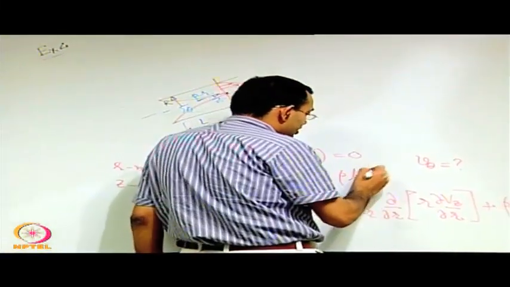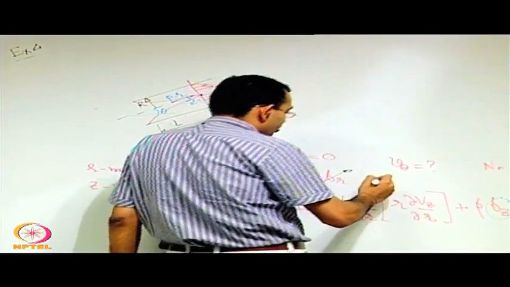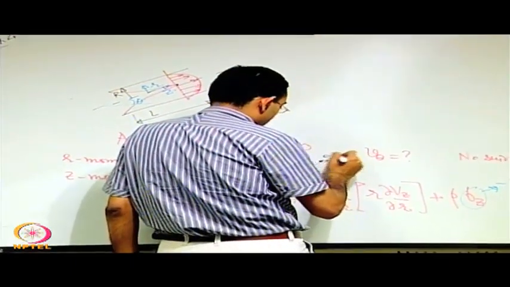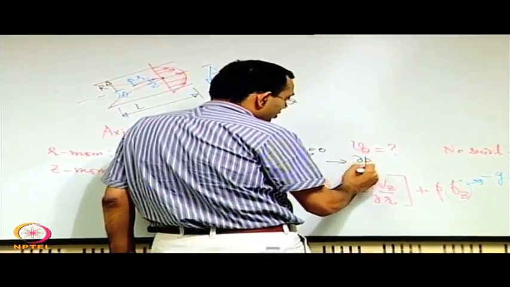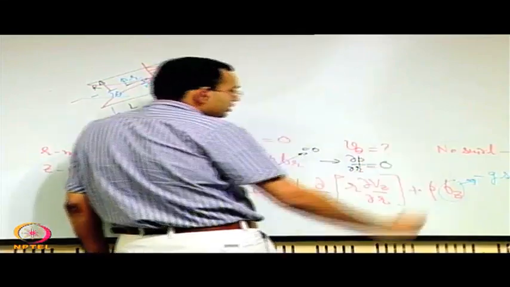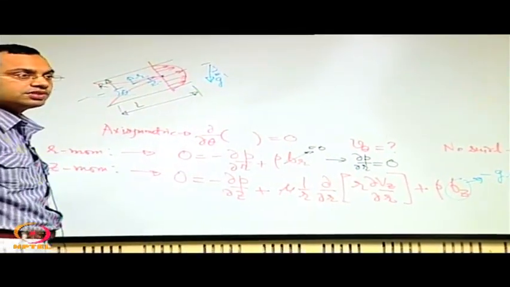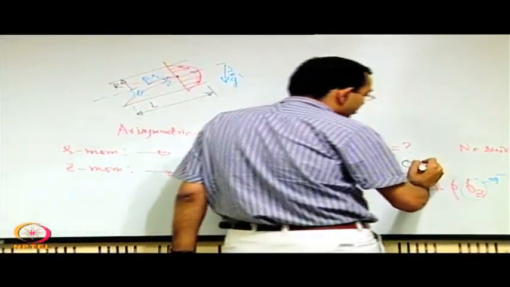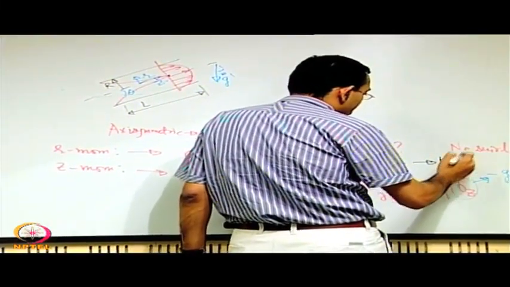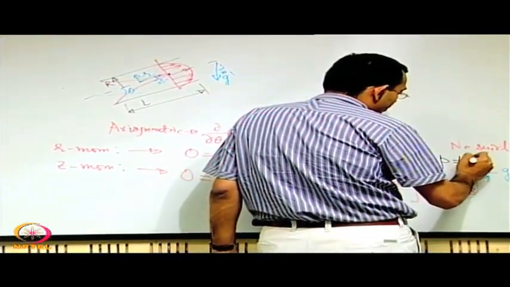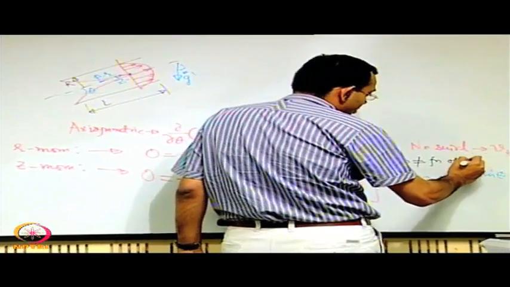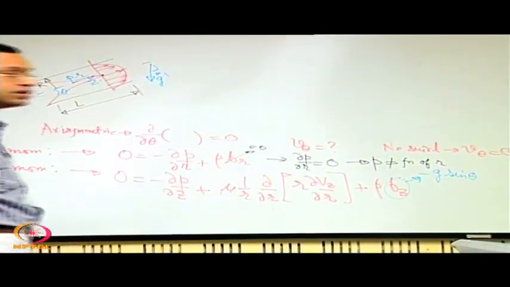So this may be neglected. So you come up with the pressure gradient along R equal to 0, or approximately equal to 0. That means P is not a function of R, that means P is a function of Z only.